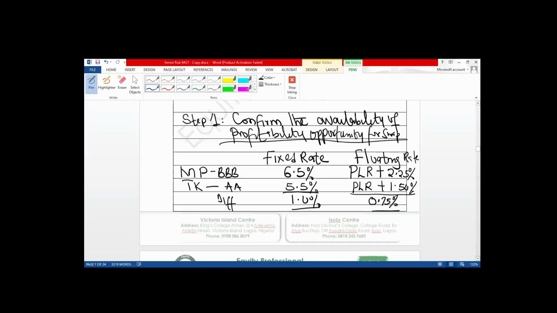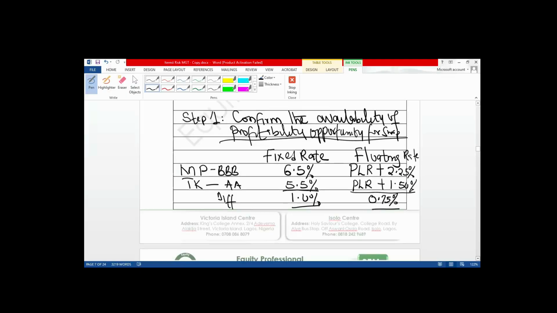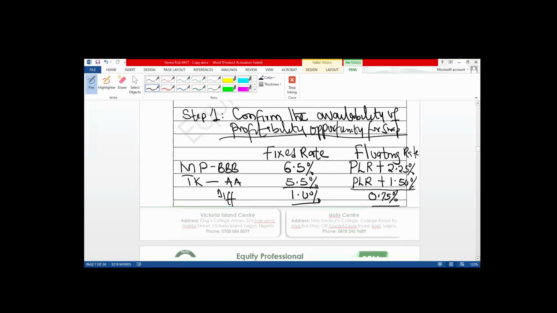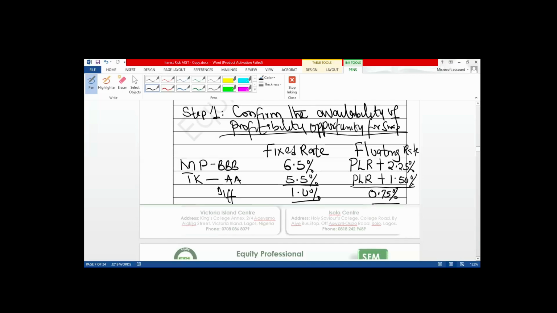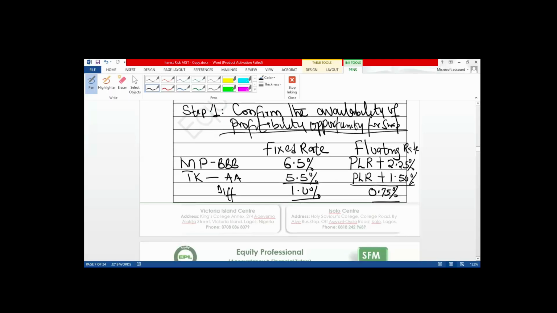Difference between 6.5 and 5.5, 1%. Difference between prime lending rate and prime lending rate, 0.